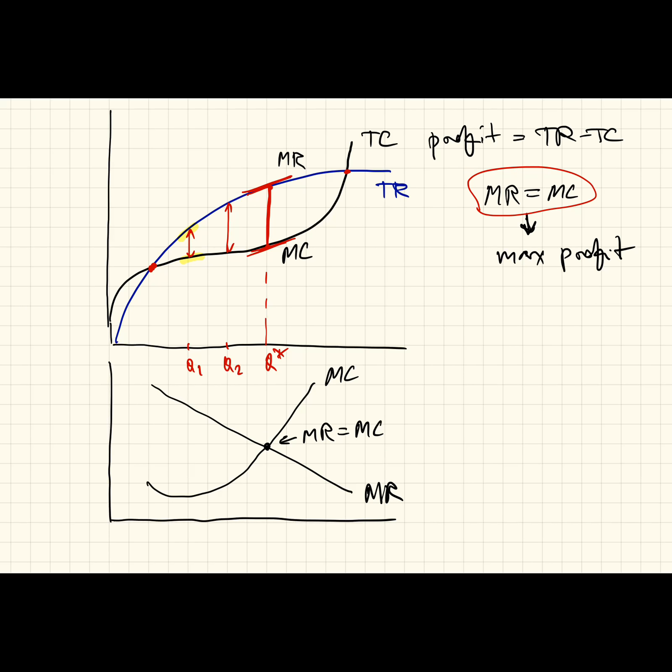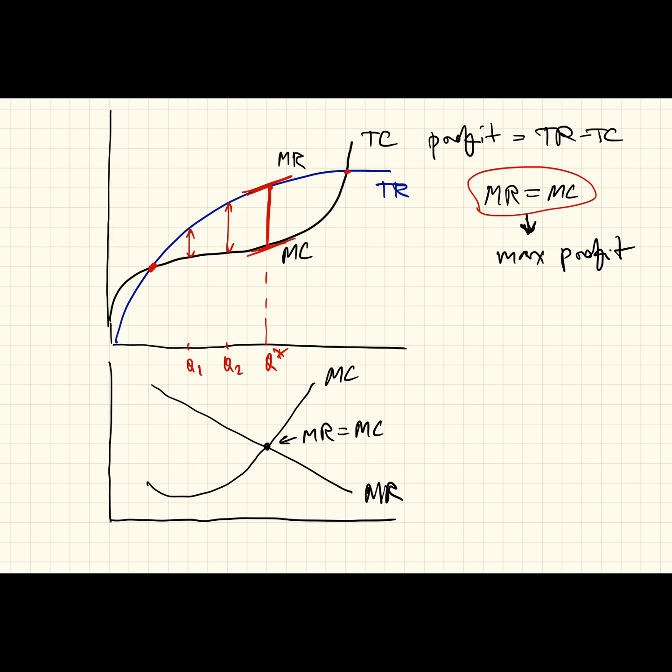I mean, both curves are growing, but total revenue is growing faster in the beginning than total cost.